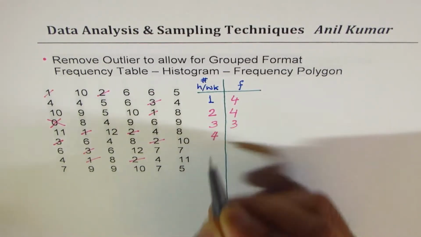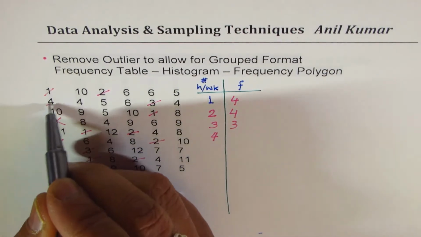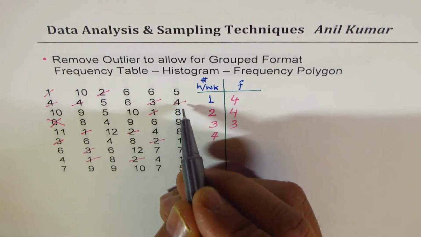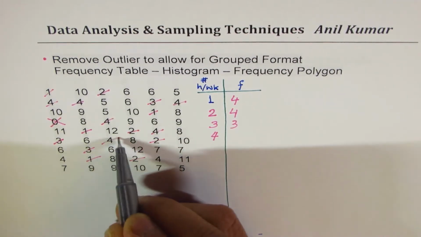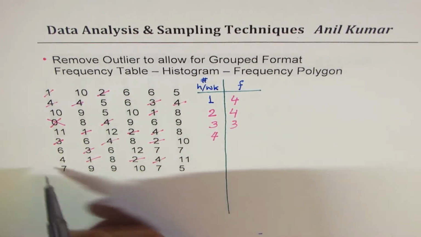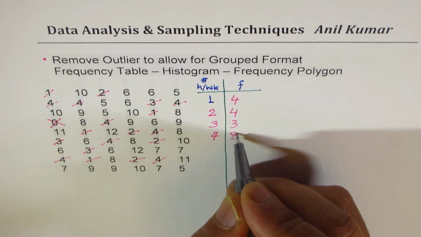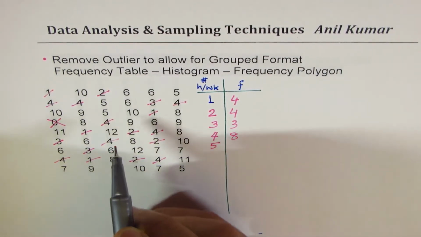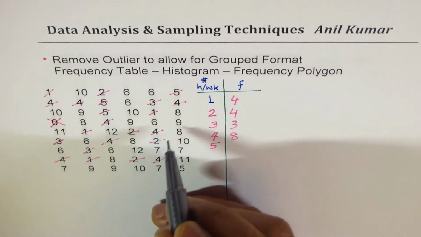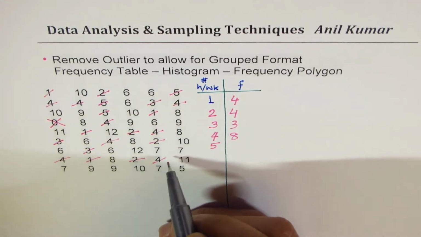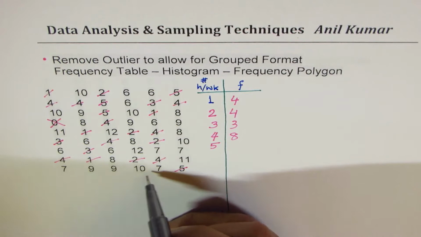Number of 4s, we have 1, 2, 3, 4, 5, 6, 7, 8. Number of 5s, we have 1, 2, 3, 4.